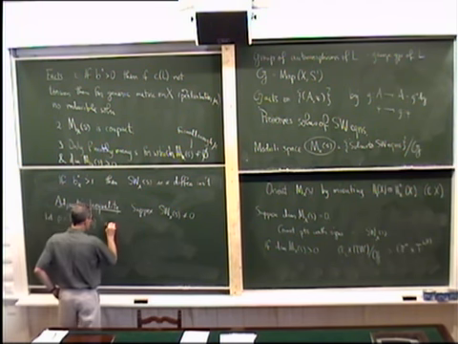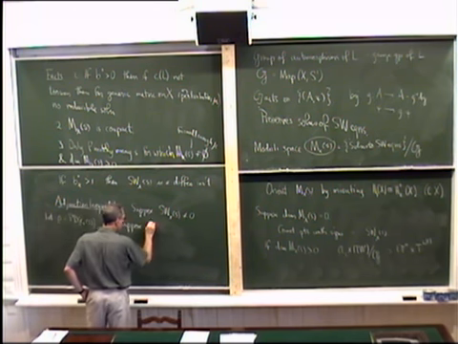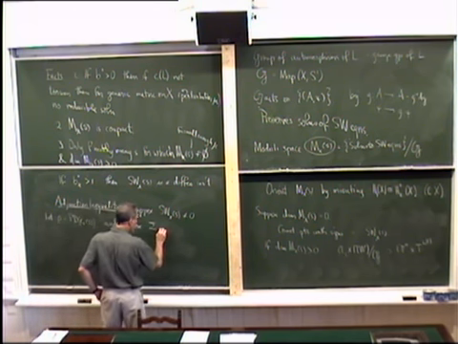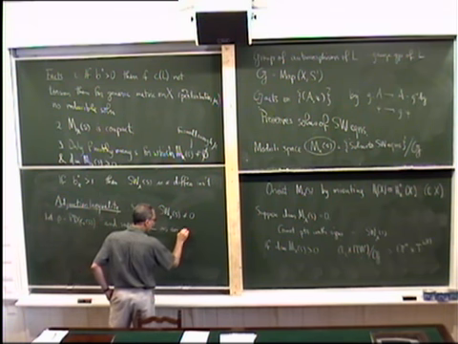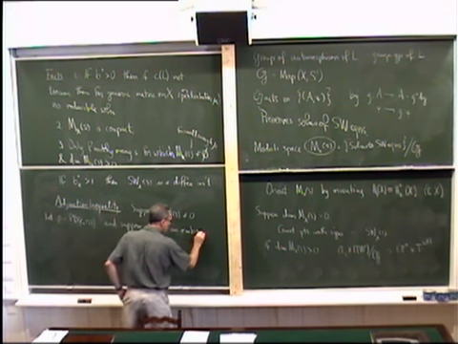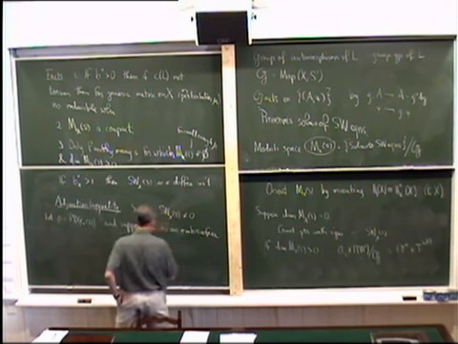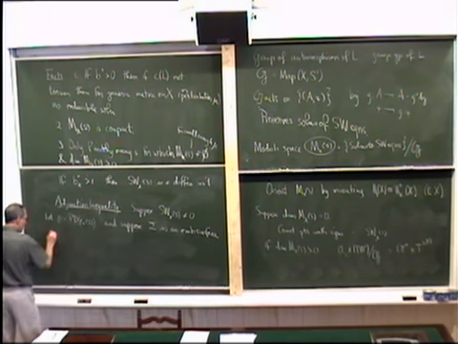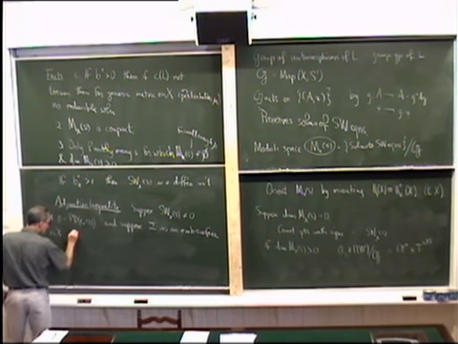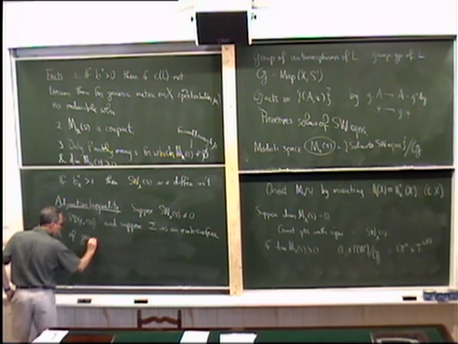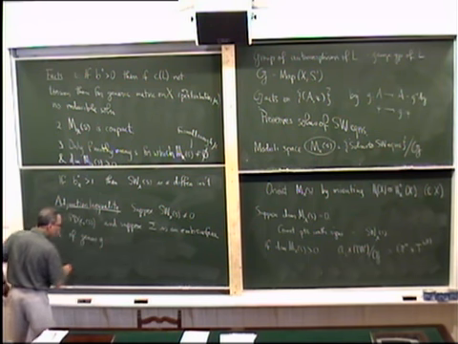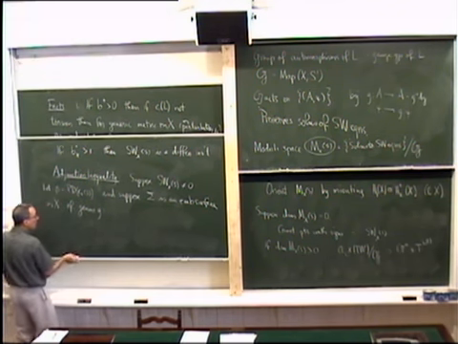And suppose that sigma is an embedded surface in X and of genus g. Then an inequality is satisfied.